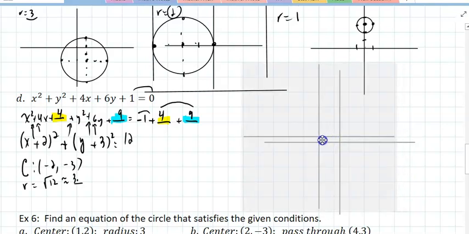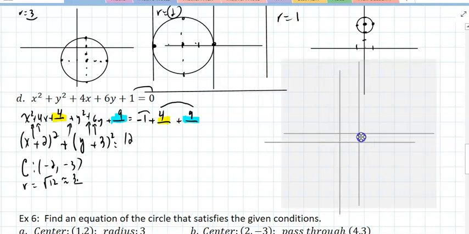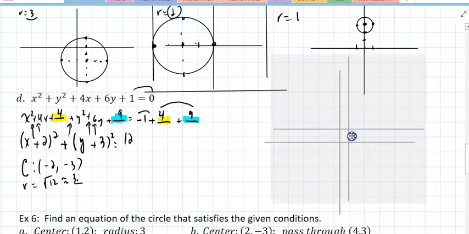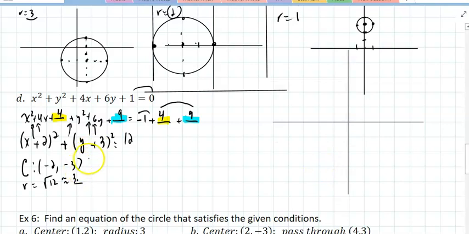Here we are. So if I am to go to the center, which is (-2, -3), I would move roughly 3, 1, 2, 3, and a bit above, 1, 2, 3 and a bit below, 1, 2, 3 and a bit to the right, and 1, 2, 3 and a bit to the left.